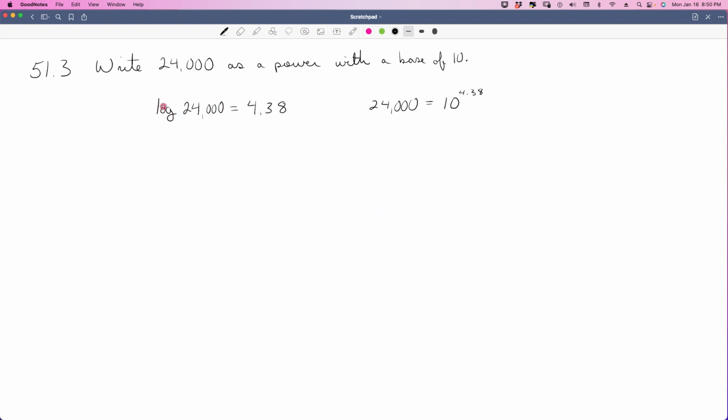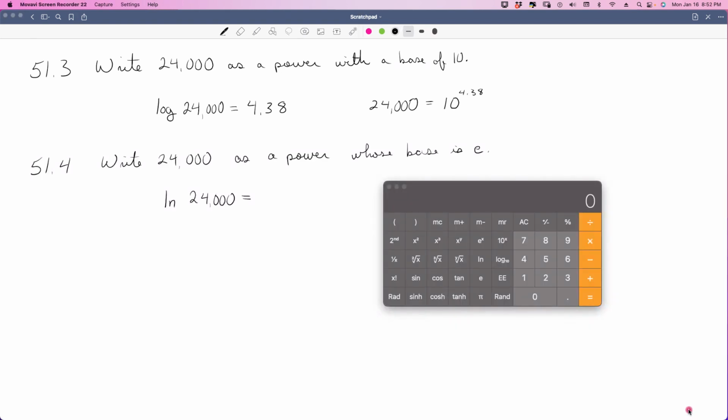So this is like telling you how to put in the calculator, and this is how you would write it as an exponent. All right, let's do one more. In 51.4, we're asked to write 24,000 as a power whose base is e. So if it's e, it's ln, or natural logarithm. You could call this logarithm natural, if that helps you remember.